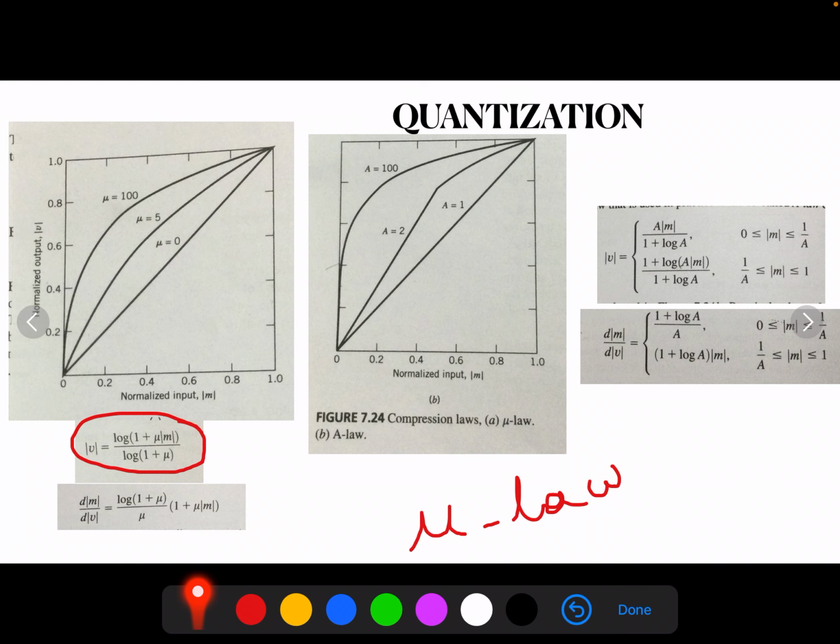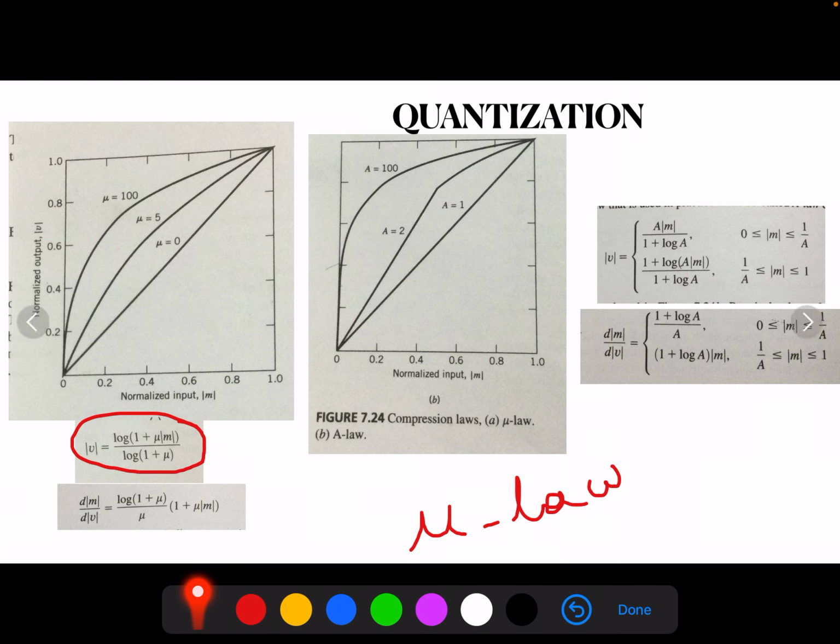So this is one law. Another compression law used in practice is the A law. According to that, V is equal to A m divided by 1 plus log A, for m between 0 and 1 by A, and 1 plus log of A m divided by 1 plus log A, for m between 1 by A and 1, for different variations of A.